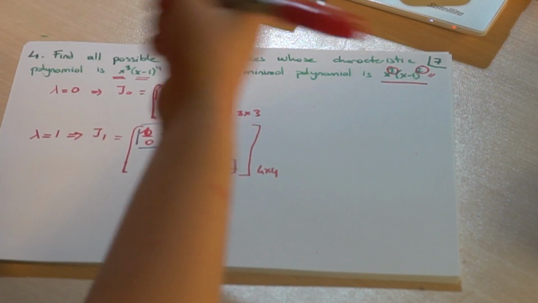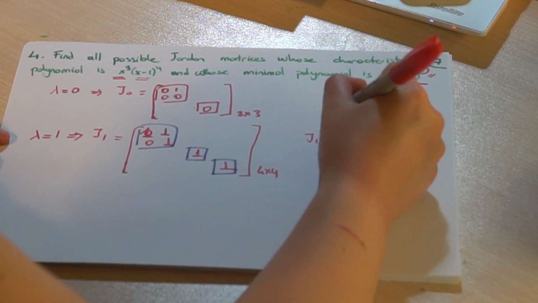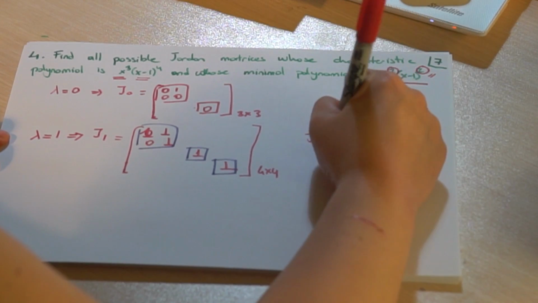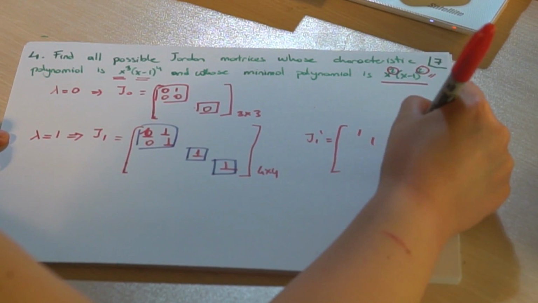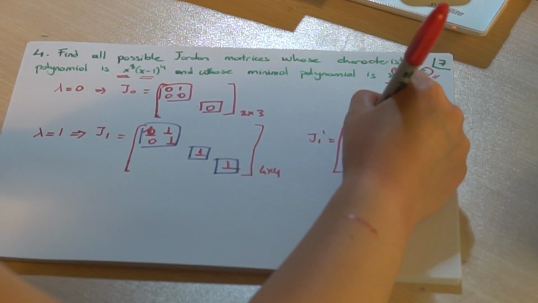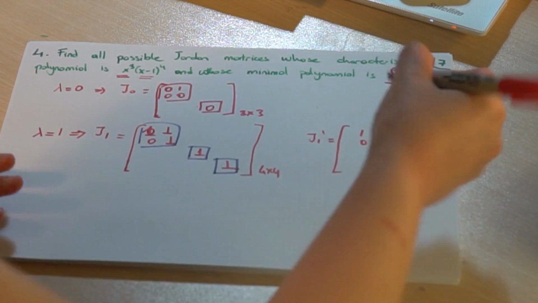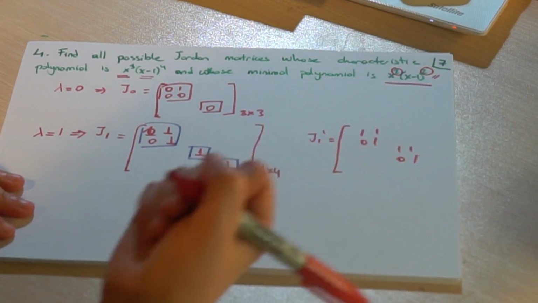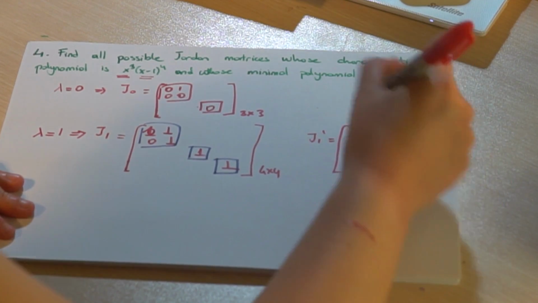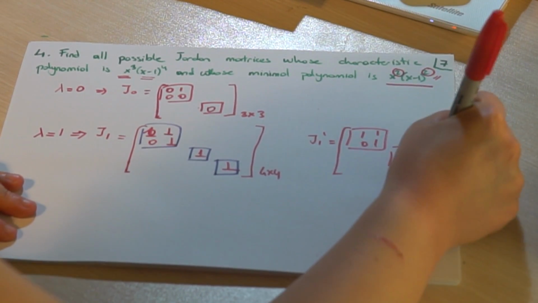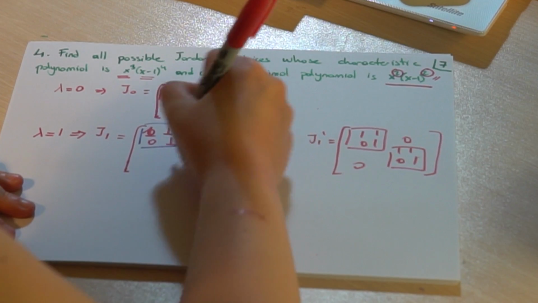But we can also have a second option. Again, the first block can be of size 2 by 2, and the second one can also be of the form 2 by 2.